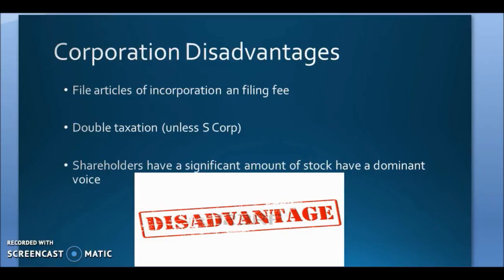You have double taxation, so you're going to have to be paying double, unless, of course, you're an S Corp, in which case you can have single taxation, not having to worry about paying it twice. And then lastly, the shareholder who has a significant amount of stock has the dominant voice, so they have the ability to make decisions over the rest of the shareholders because they have the most stock in the company.